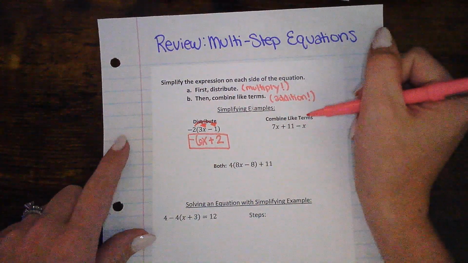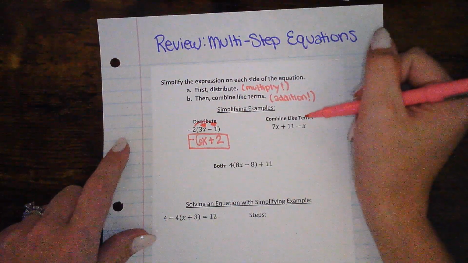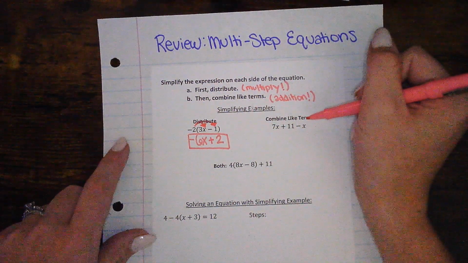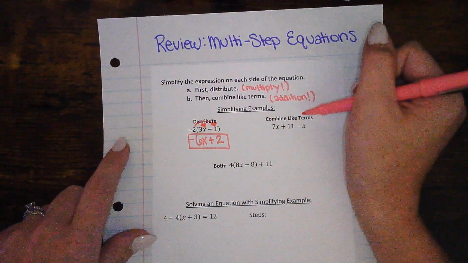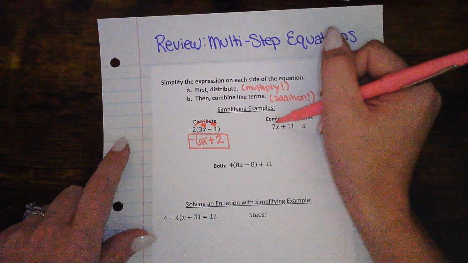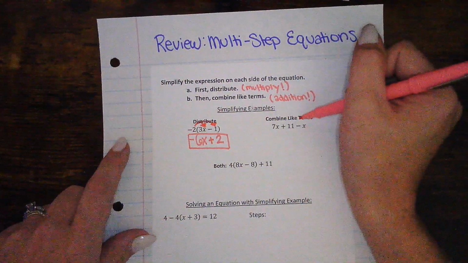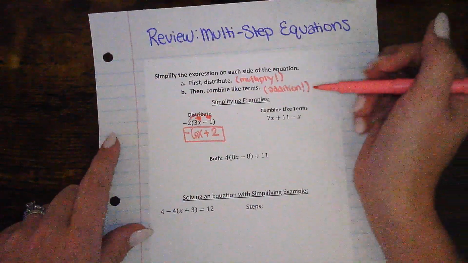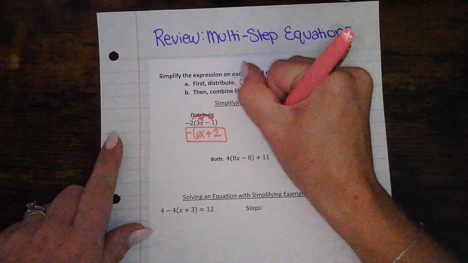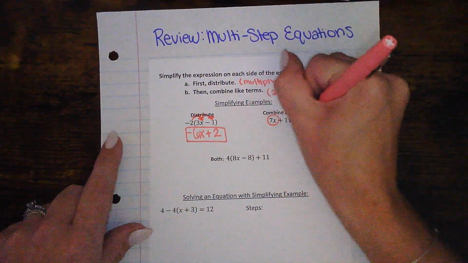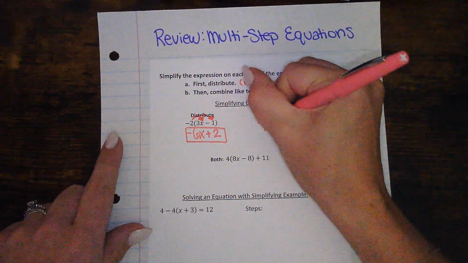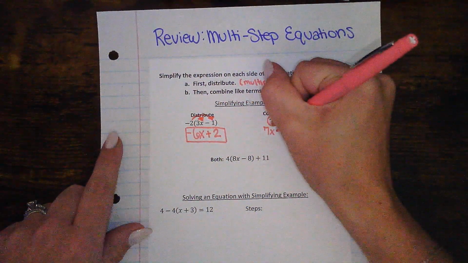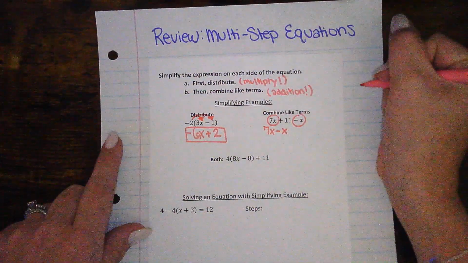This is an example of where we would combine like terms. As you can see, there's no parentheses here, so we're not multiplying. We are just adding or subtracting. But we can only add or subtract like terms, terms that have the same variable. So that would be the 7x and the -1x. When I'm combining like terms, I like to write the terms next to each other using the associative property.